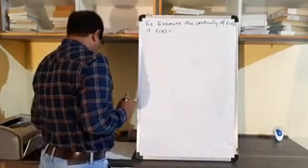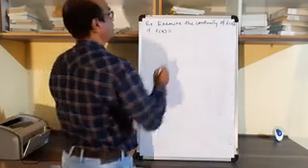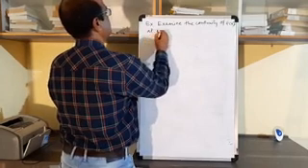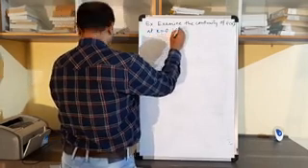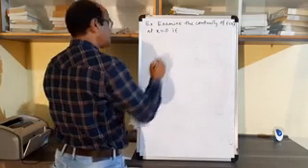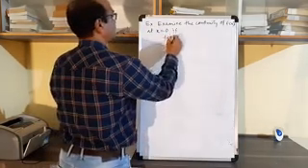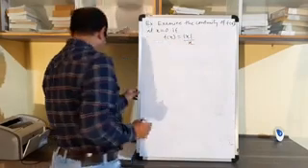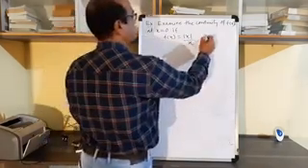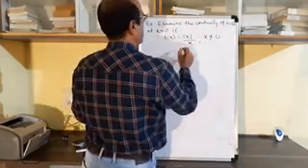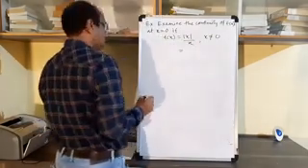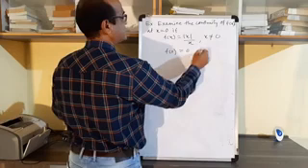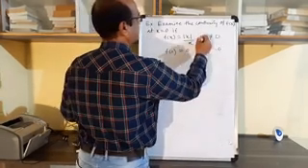Okay. Examine the continuity of f(x) at x is equal to 0. So what is f(x)? f(x) is mod x upon x, where x is not equal to 0, otherwise f(0) is equal to 0 when x is equal to 0.